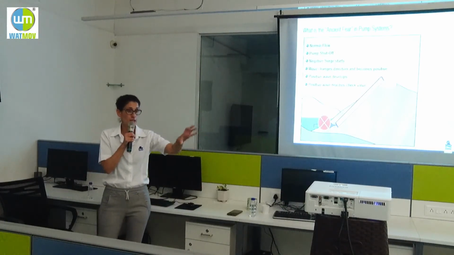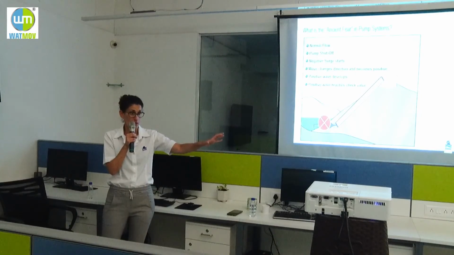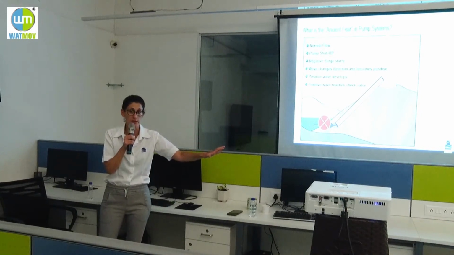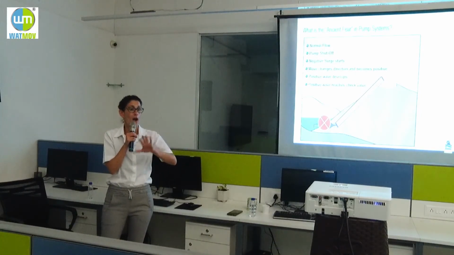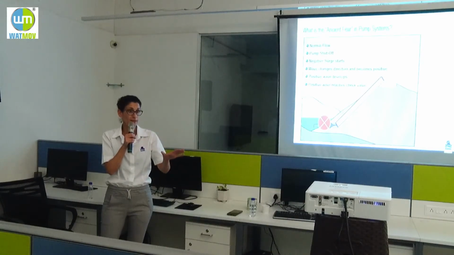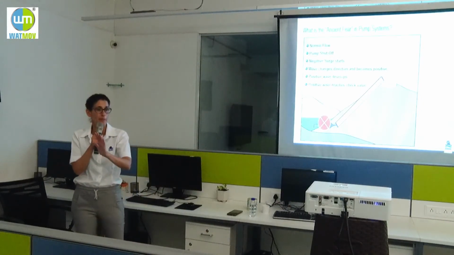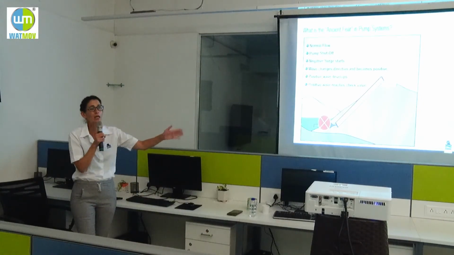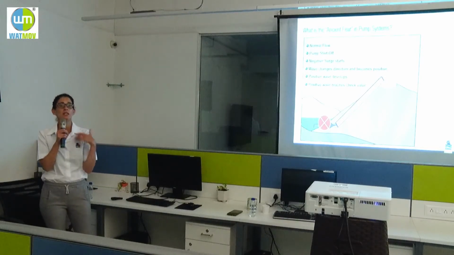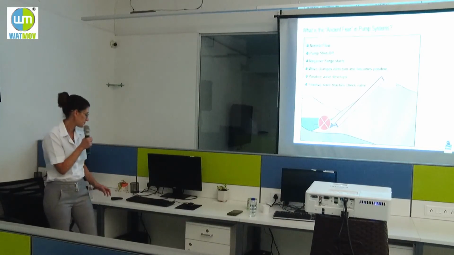So this is all the issue of pump control valves, okay? And we can talk about it. But the approach is different when we shut the pump off and start up in normal condition, and when we are in an emergency case, what we saw here, a power failure. Then we need to react, okay?